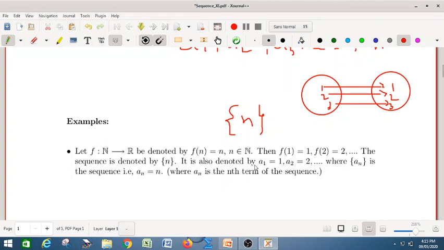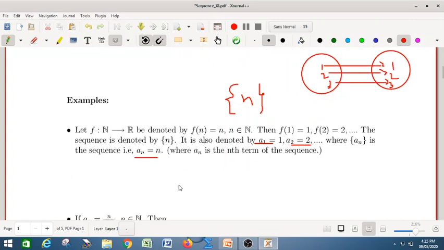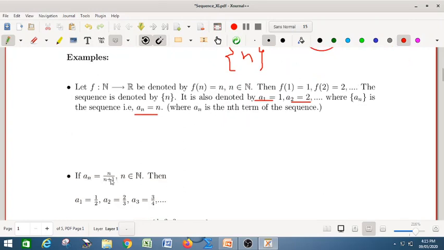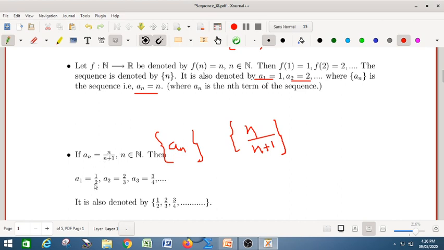So a1 is equal to 1, the second term is 2, and the nth term is an. Also another sequence an, written inside brackets, is n by n plus 1. In this case the first term is 1/2, the second term is 2/3, the third term is 3/4, and so on.